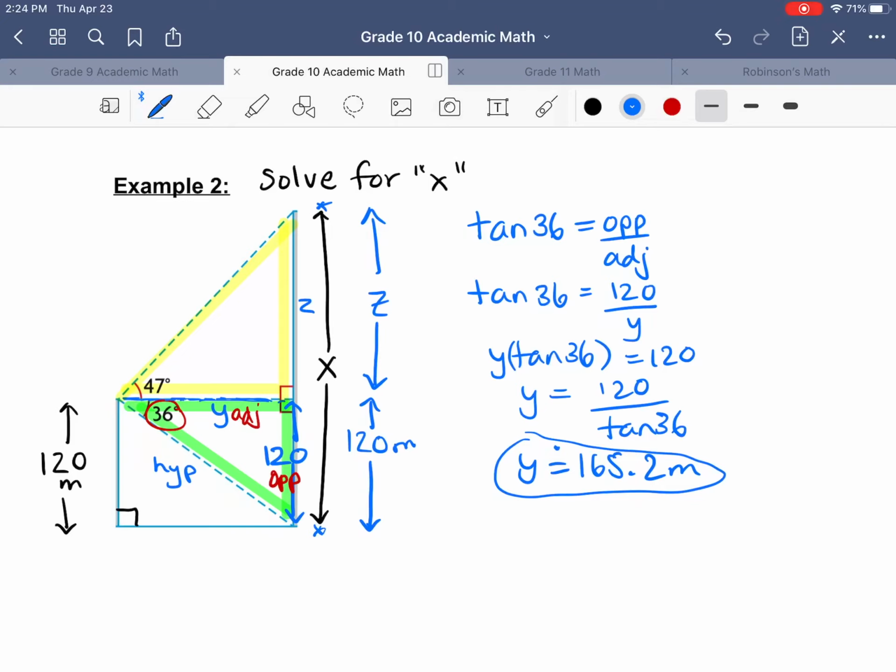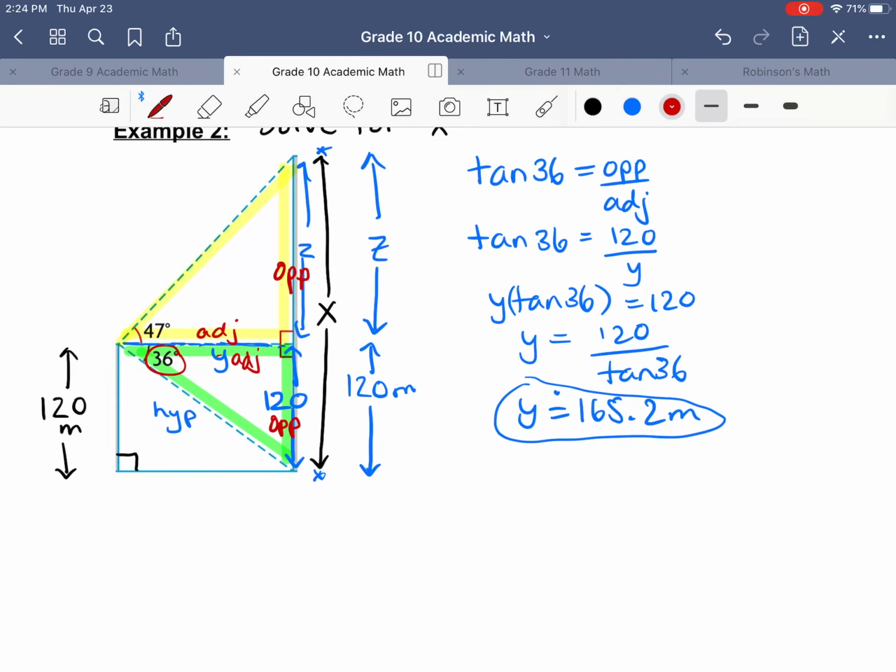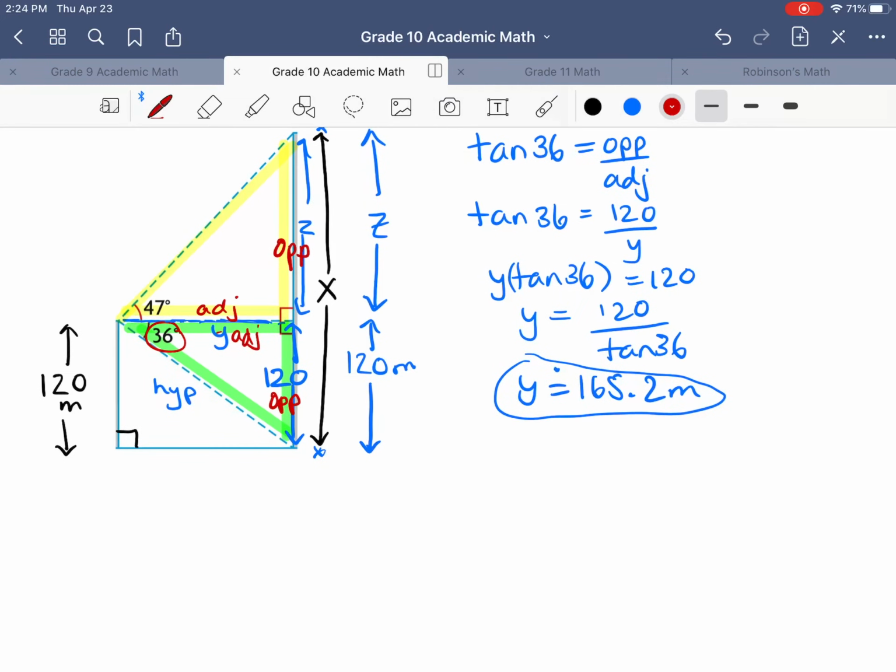So this here is also z, and z is our opposite side. And our y side is still our adjacent side with respect to the angle of 47 degrees. So this tells us we're going to be using tan again to help us find z.